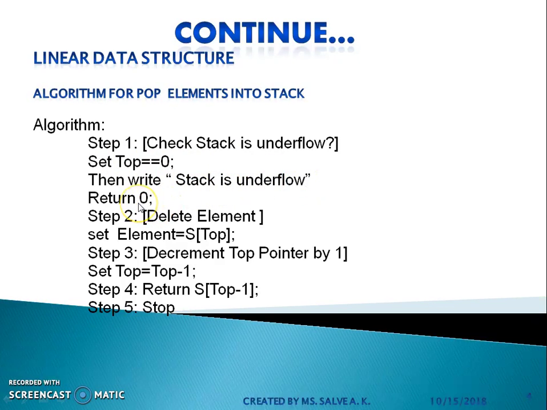Otherwise, we return the 0 value. In step number 2, we delete the element, but whenever we want to delete the element, we require the position in the stack container. That element is equal to S of top. That element will be deleted. After deleting that element, we decrease the pointer by 1. That is, top is equal to top minus 1. Then we return S of top. Then finally we stop here.